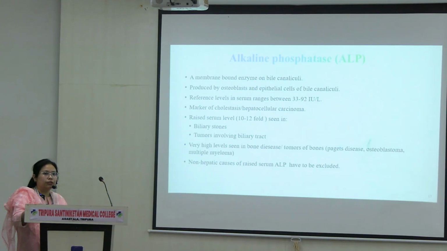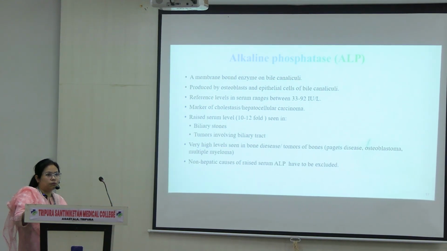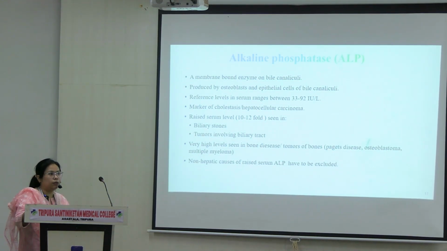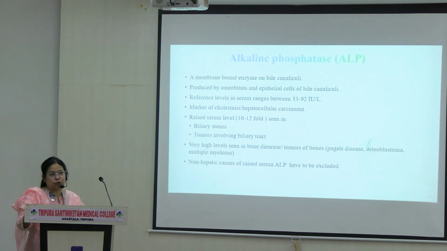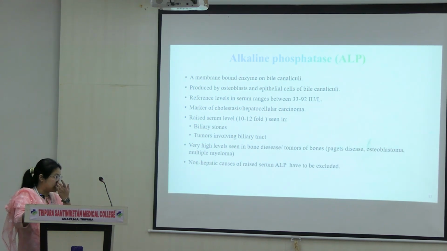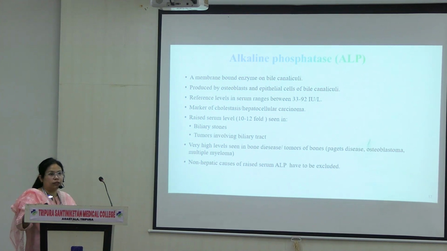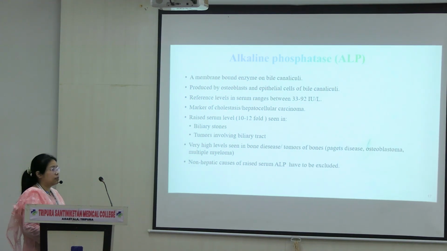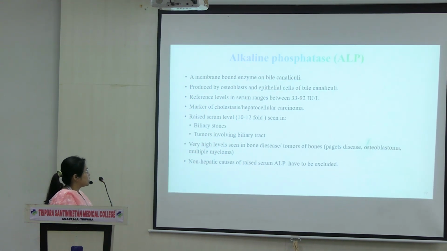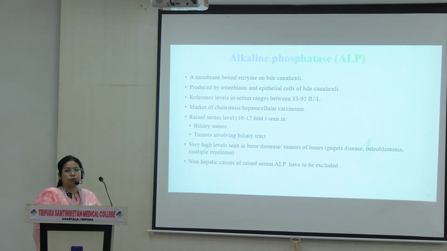Why is that important? Because अगर कोई भी bony disease हो, if there is any bony disease or any tumor or cancer related to bones, we will see rising ALP levels. Along with that, in case there is cholestasis, say hepatocellular carcinoma or cholestasis, we will see ALP rise.